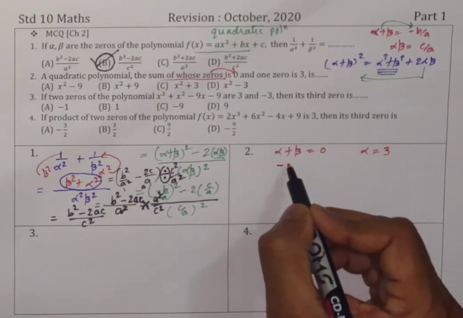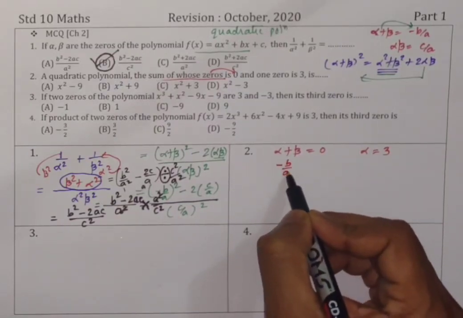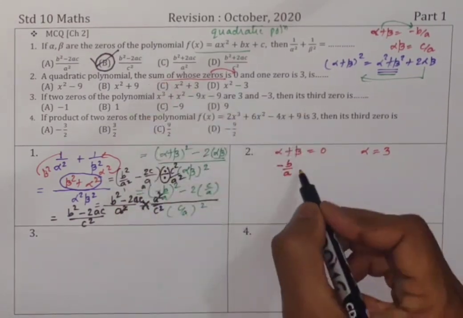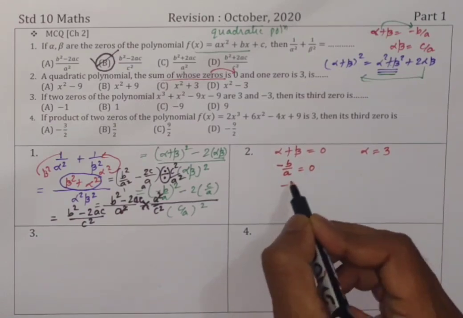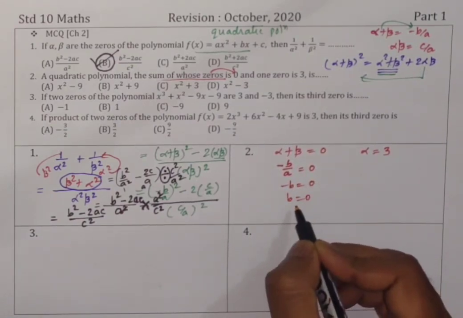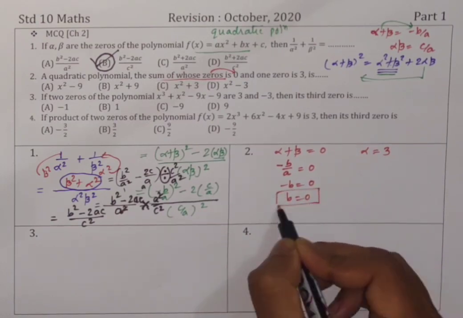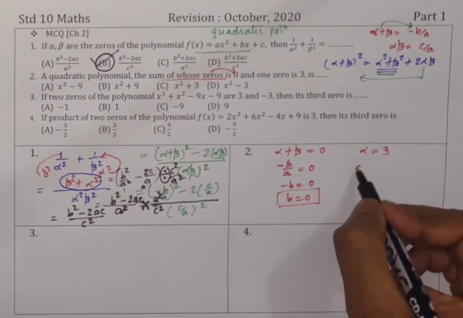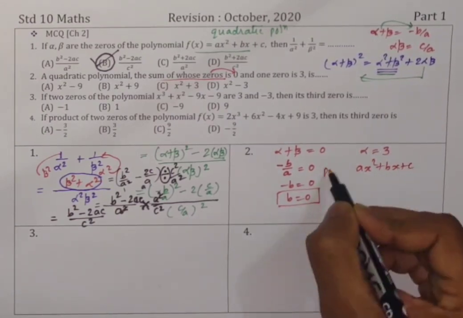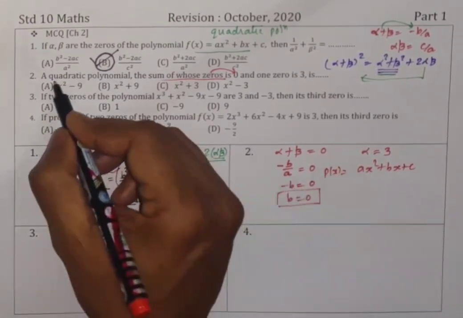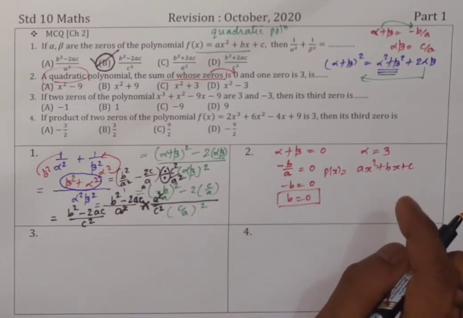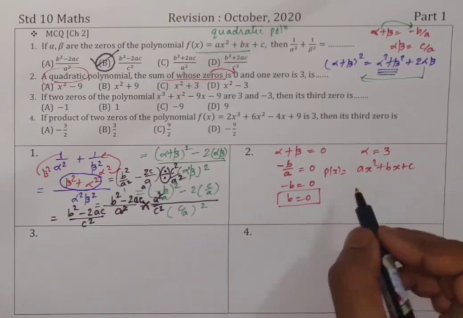Sum of zeros is minus b upon a, correct? For the quadratic polynomial that is equal to 0. So minus b equal to 0. Therefore b equal to 0. So you will have b equal to 0 for ax square plus bx plus c. We are looking for a quadratic polynomial. In standard form it is ax square plus bx plus c. You can put b equal to 0.